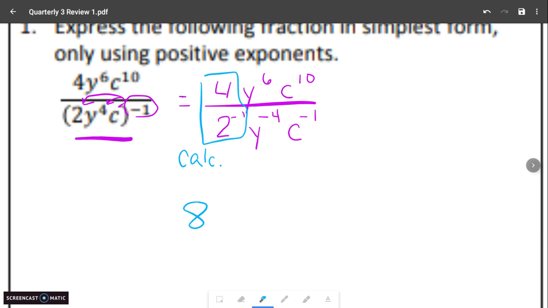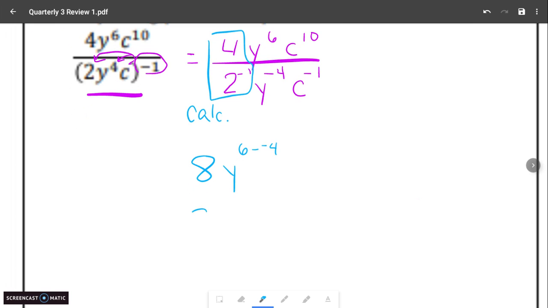For the variables, when you're dividing, remember you subtract the exponents. So y, you're going to do 6 minus -4, so you're actually going to end up with y to the 10th. And then c, 10 minus -1, you're going to end up with c to the 11th.